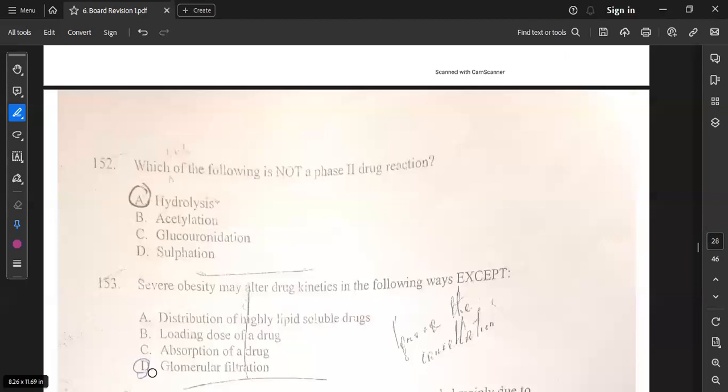Because if it's absorption, we're basically talking about the drug moving from the stomach compartment into the blood. Is obesity affecting that? I think obesity... you can think about the oily preparation for IM injection in that line.